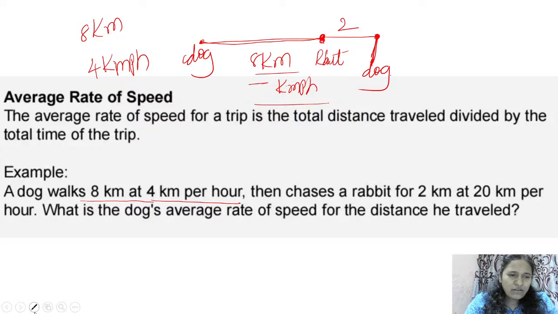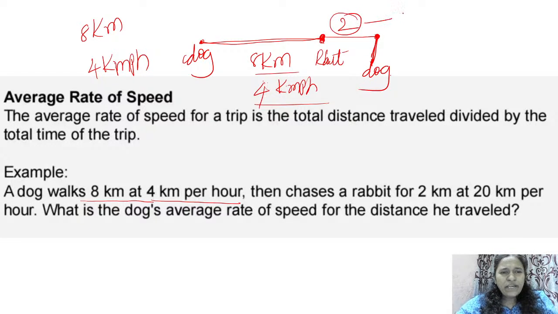This is 4 kilometer per hour. Now it chases a rabbit for how many? 2 kilometers.